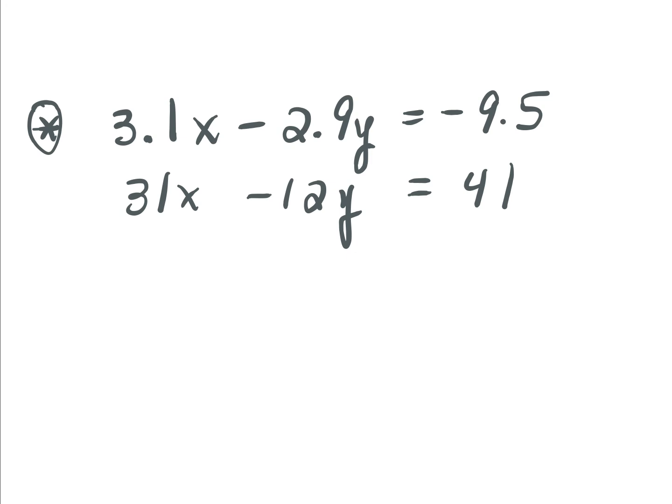So here I have decimals. What should I do? Negative 10. Because if we have 3.1, to get it to be 31, we would have to multiply it by 10, but we want it to cancel, so it has to be negative 10. So multiply the top one by negative 10.